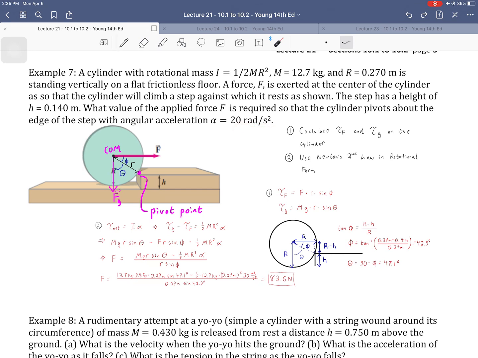Alpha is a positive 20 radians per second squared because we're looking for a rotation in the positive direction. Let's see, shouldn't it be a negative? Yeah, because I want it to rotate in a clockwise direction. It certainly has a magnitude of 20 radians per second squared.